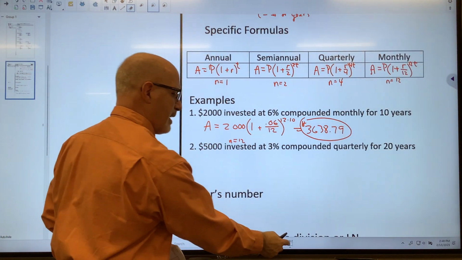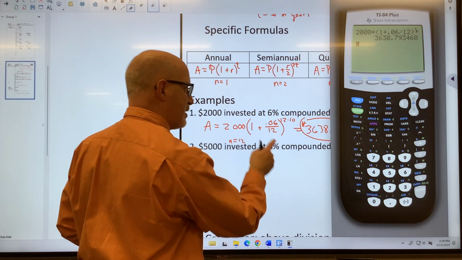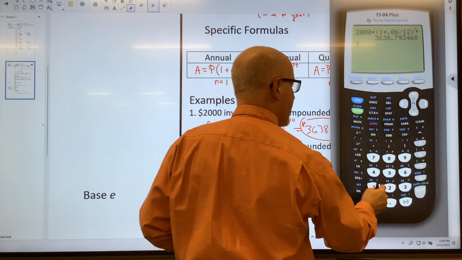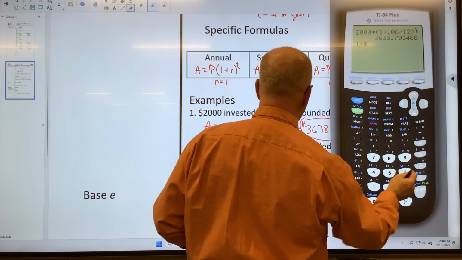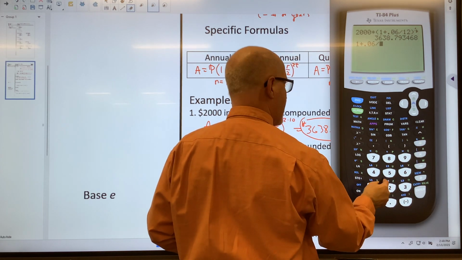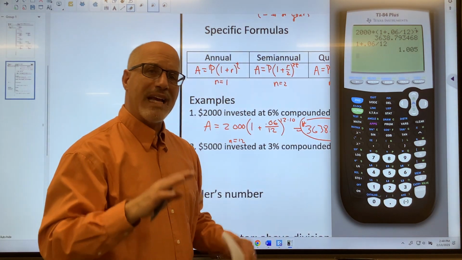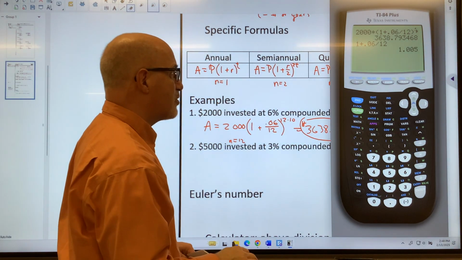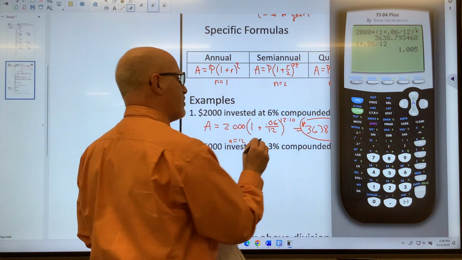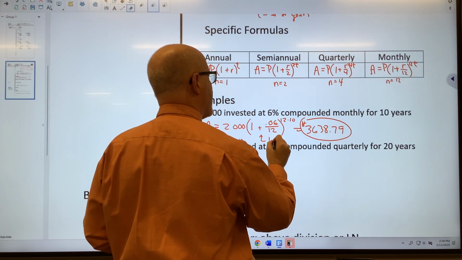Now, just as a reminder, I'm not going to do this every time, but when we do this base, 1 plus 0.06 divided by 12, the interest rate, or the amount you multiply by each time you calculate the interest, is 1.005. So this number here is 1.005.